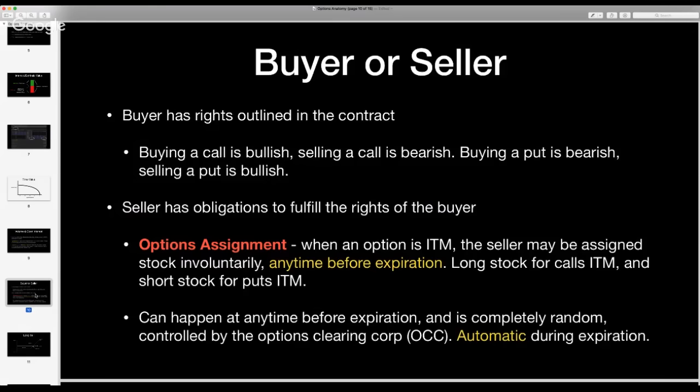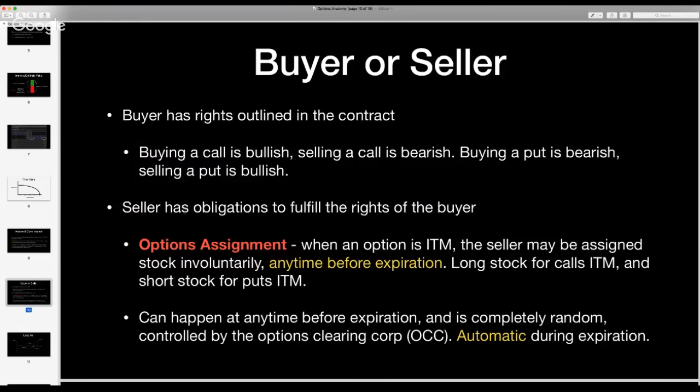For some people, that might be a hard concept to grasp. So buying a call is bullish, selling a call is bearish. So if you were to extend that to puts, buying a put is bearish, selling a put is bullish. So it's the exact opposite.